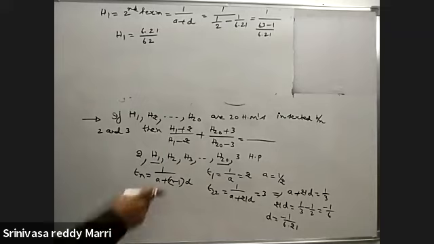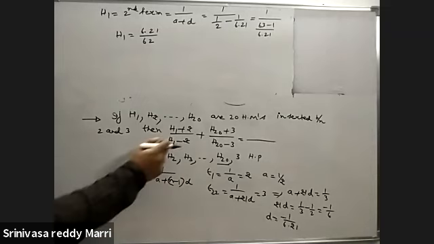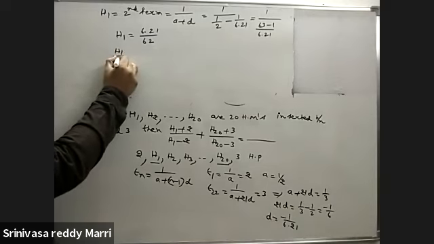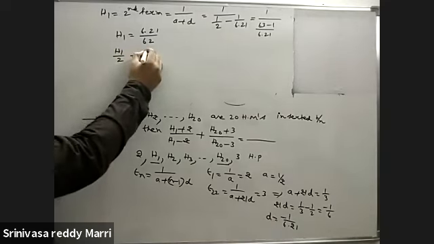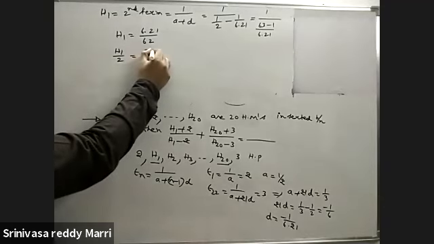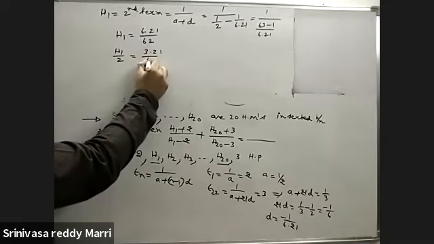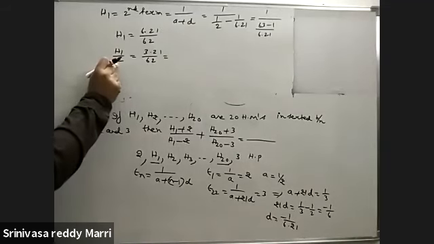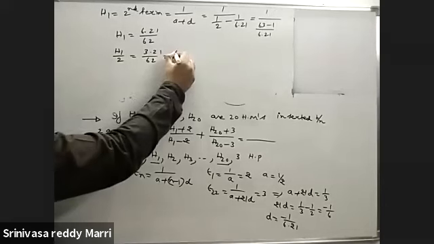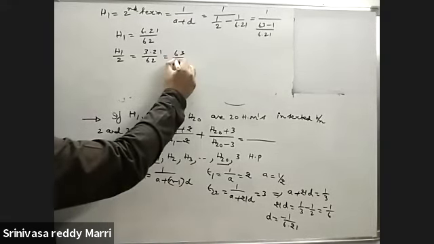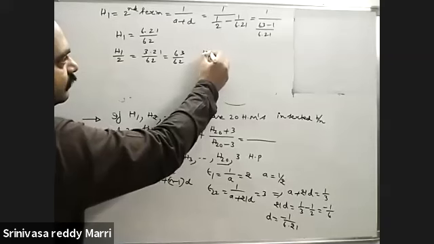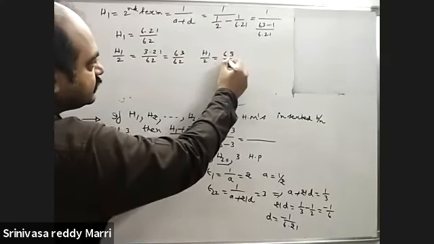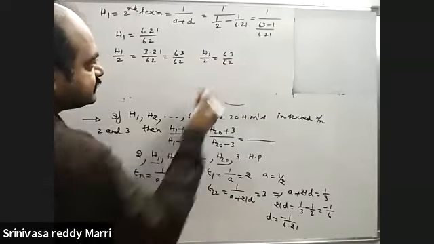So now he is asking H1 plus 2 divided by H1 minus 2. I am calculating like this. H1 by 2 is nothing but 3 into 21. I am using some simple technique, right? The 2 brought this side. That means this is nothing but 63 divided by 62. Now H1 by 2 equal to 63 divided by 62.